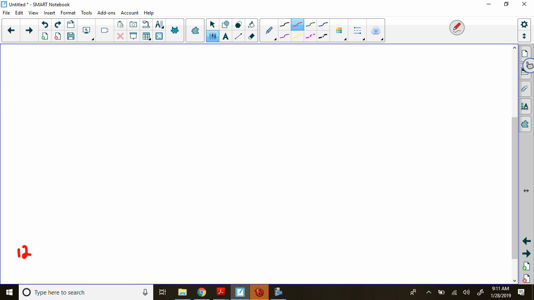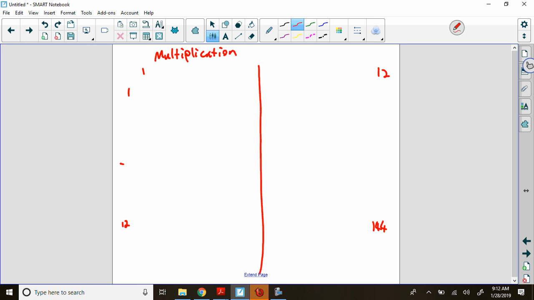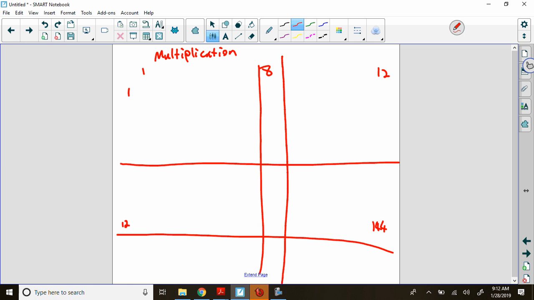And sadly, that's where they stop, because that's all the more they can fit on your notebook paper. It is sad that it stops there. It is sad that people don't know what 8 times 12 is.